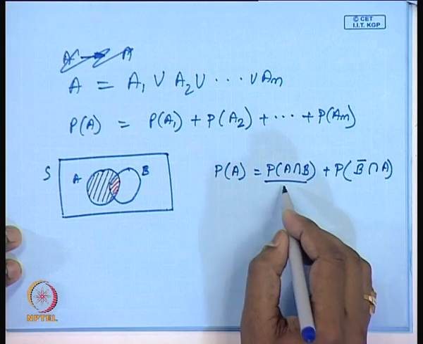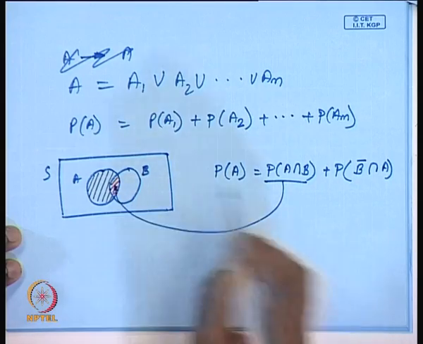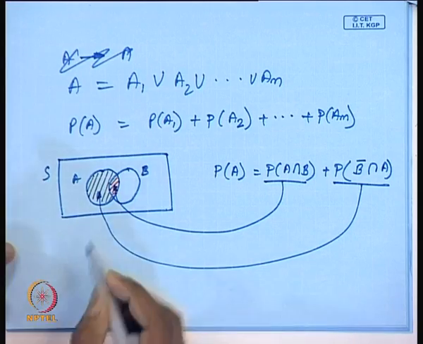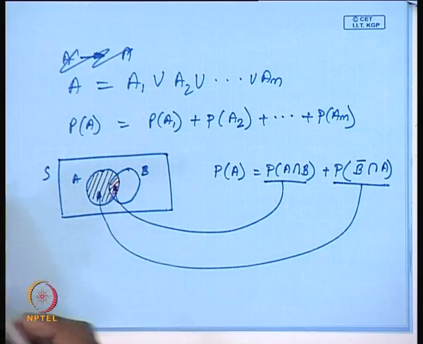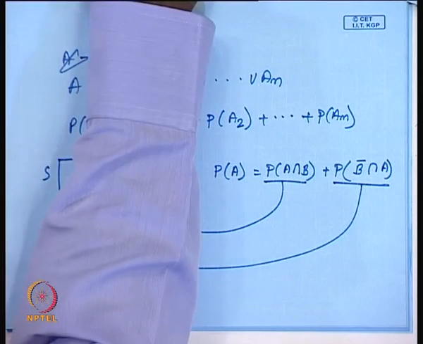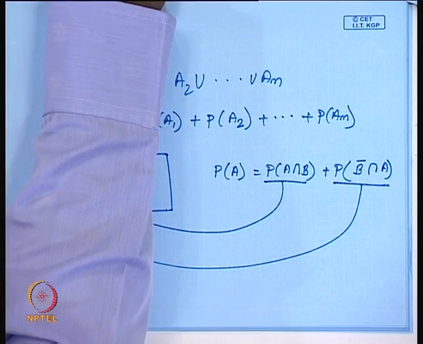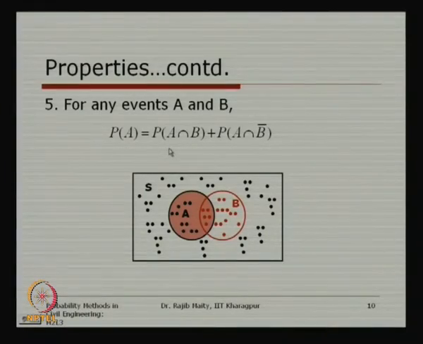So this event corresponds to this red zone, and this probability corresponds to this zone. So this summation of the two is nothing but your probability of A. Here if you see the monitor, this probability of A is equal to probability of A intersection B, which is nothing but this zone, and this A intersection B complement, which is nothing but this area.